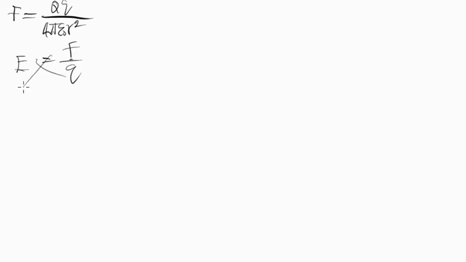So when we cross multiply, we have F is equal to E times Q, or simply put, F is equal to Q times E.